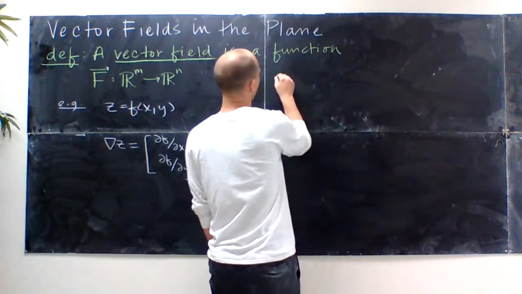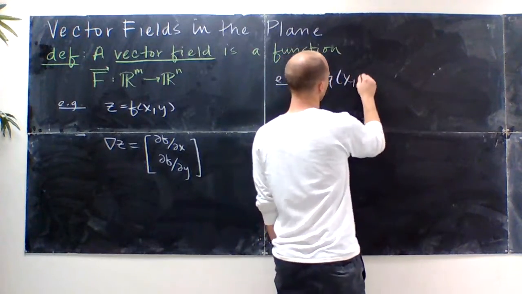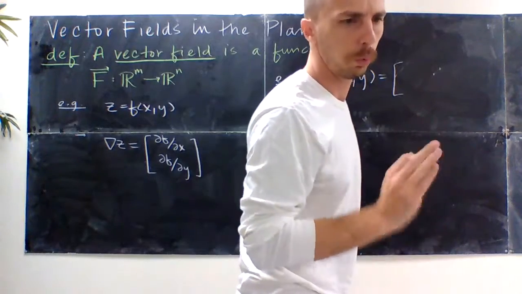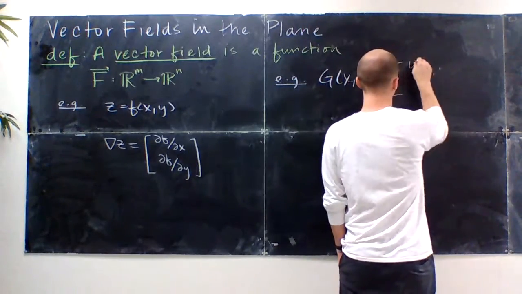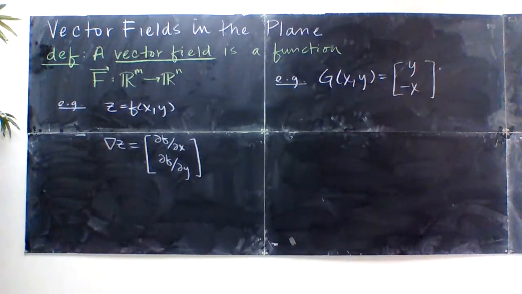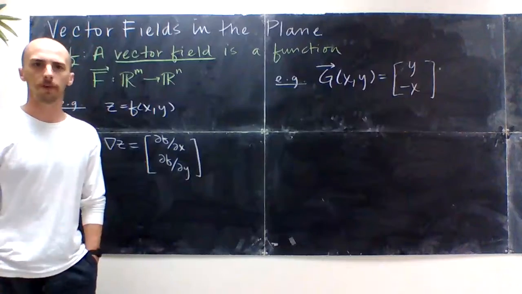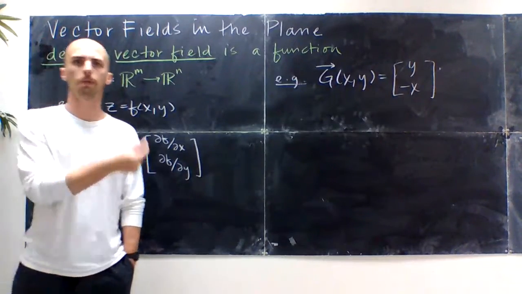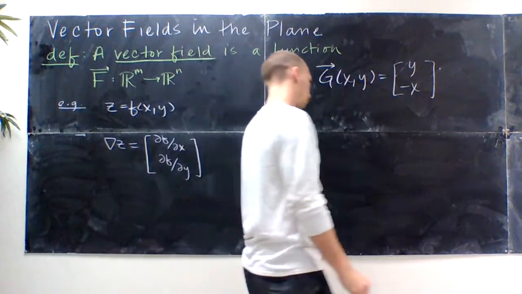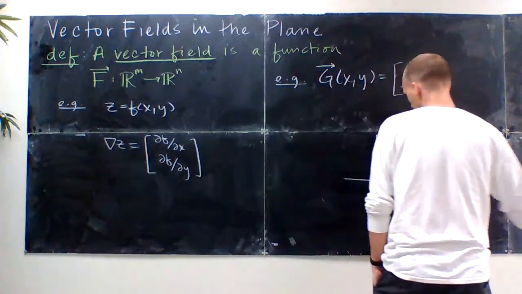Usually we put a little vector symbol over g, just to remind ourselves that g is a function that gives us back a vector. So I'm going to prepare to draw this.